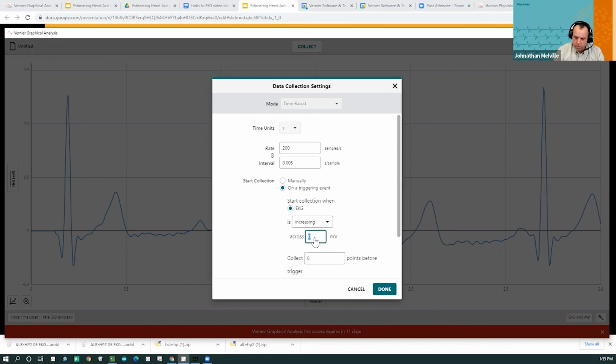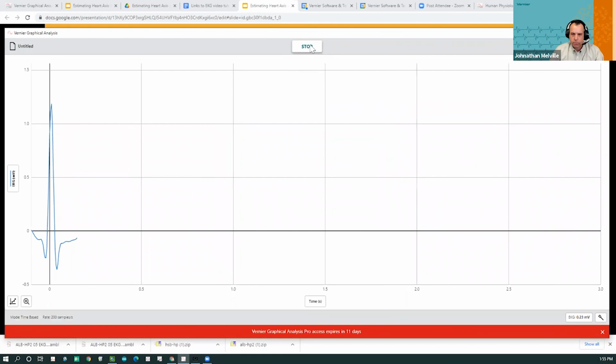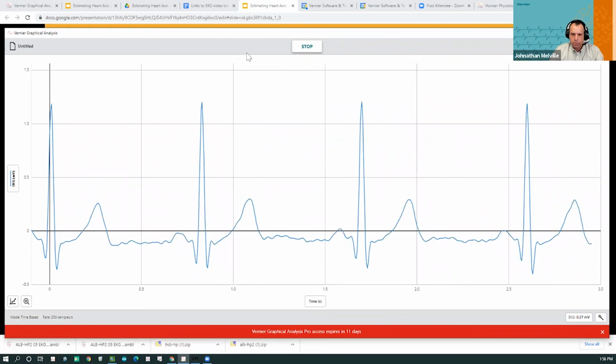Let's trigger data at 0.5, which is about the height of a QRS complex, and let's collect 20 data points before. I can hit done, and now when I hit collect, you can see that it triggered right about there, and I captured all of the data points before. That can be really useful if you want to make sure that all of the EKG traces are aligned. So you can trigger off events too. Other questions?